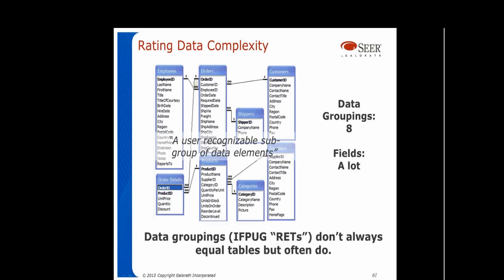There's a category called employees, orders, shippers, customers, etc. Now, these categories aren't always the way fields are categorized from the user perspective, but in this case, it's a fair bet that they are categorized from this perspective. So we'd have many fields, whatever that number is, and divided into 8 categories. 8 categories would land us, in this case, into a complex set of logical data.